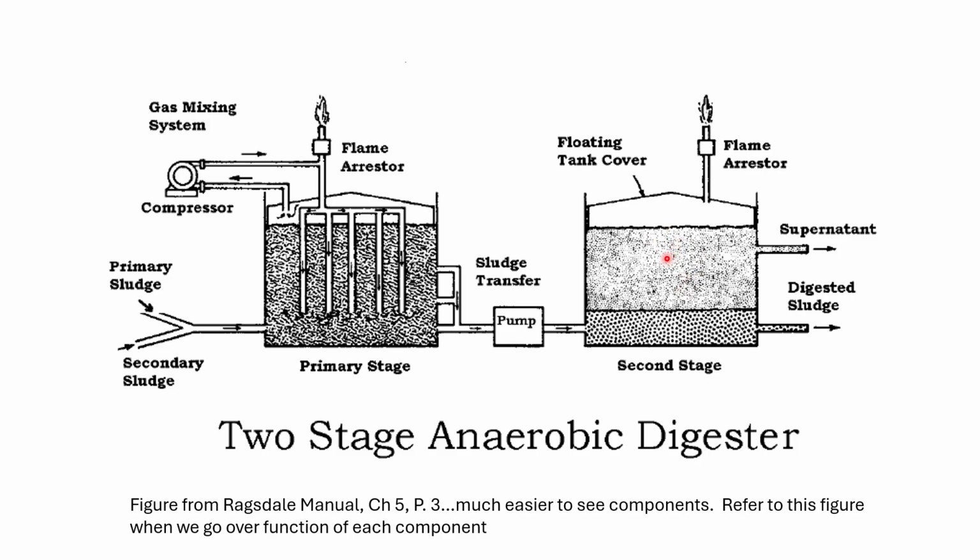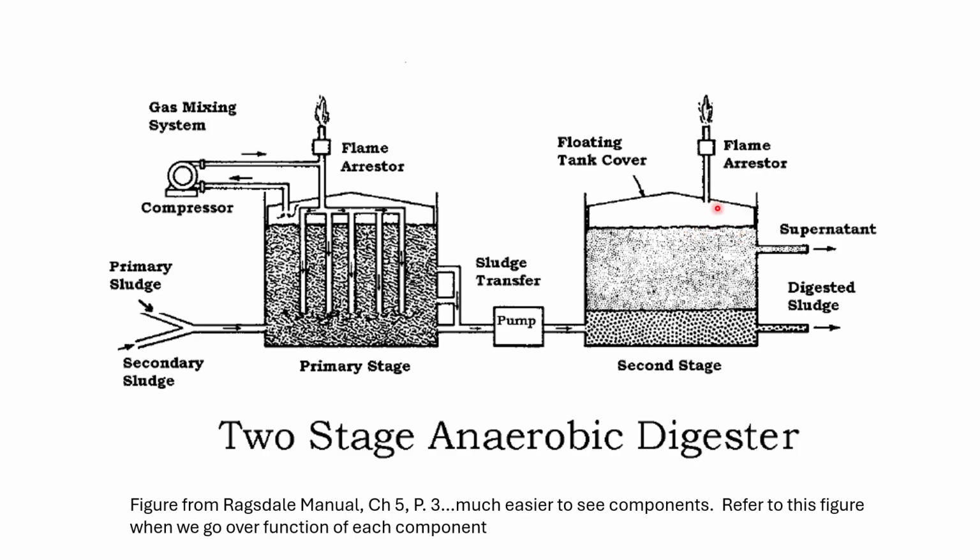That floating tank cover is a safety feature. If we're still gathering gases and let's say we have some misoperation and produce too much gas, we want to make sure that cover can float a little bit and not be pressurized to the point where we're going to have an explosive situation.